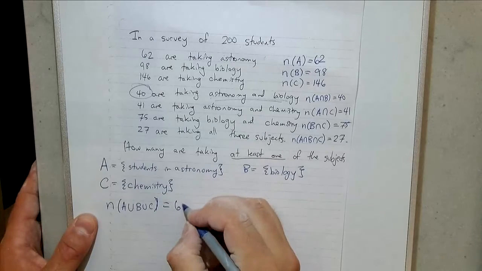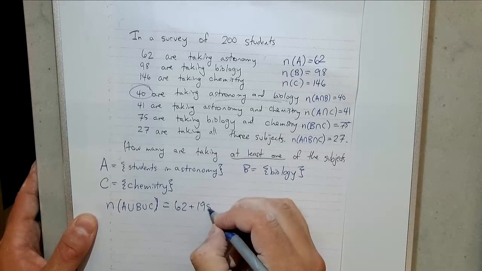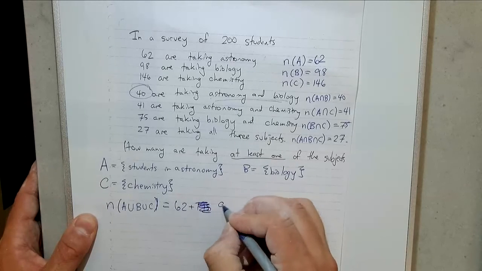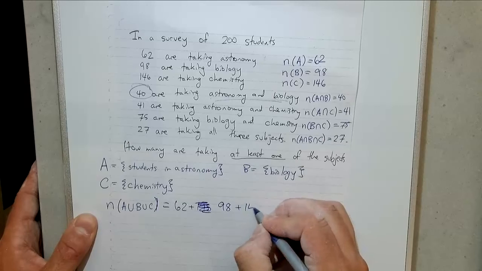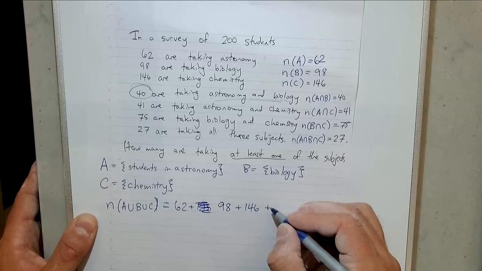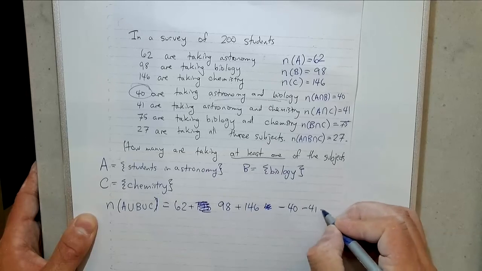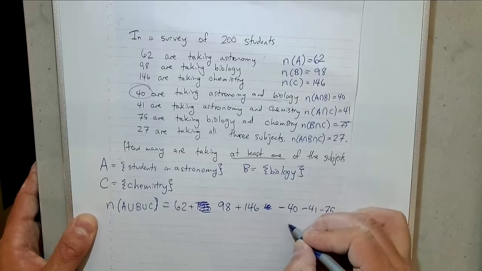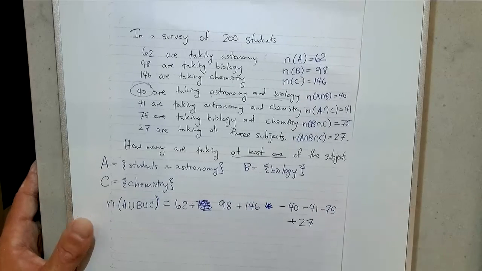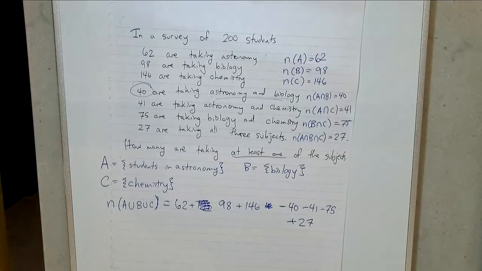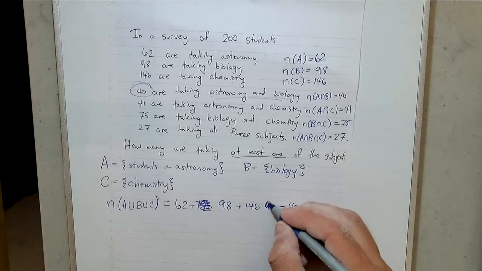So 62 plus 98 plus 146 minus 40 minus 41 minus 75 and then plus 27. You got to remember which ones are minus and which ones are plus, which I almost messed up. Anyway.